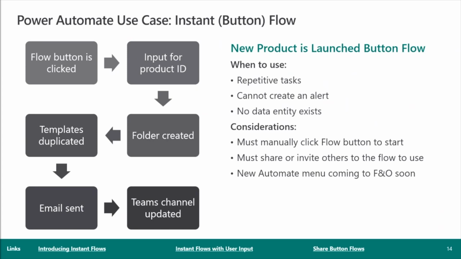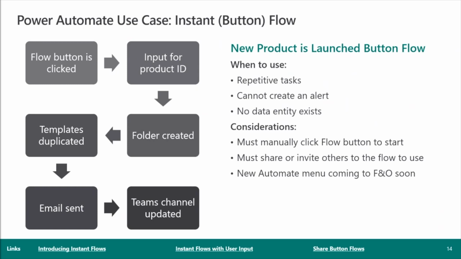And the way I'm having the user do this is through a team site. So I created a team site with a channel in it, and I require the user to input the product ID that they have released. And then we create a new folder and copy some templates that are inside of there. And then from that point, you can really do anything you want using the 300 plus connectors that are available.